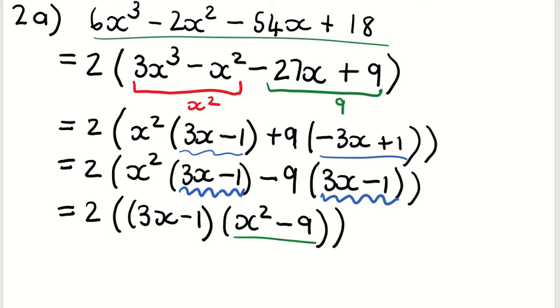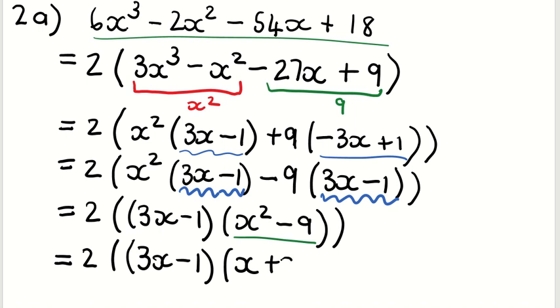This is the difference between two squares. So you always have to check your final answer to see if there is no way possibly that you can factorize it further. So hier weet ons nou, ons die verskil tussen twee kwadrate nog hê, so ons kan ons nog verder faktoriseer. En dan lyk ons finale antwoord soos dit.